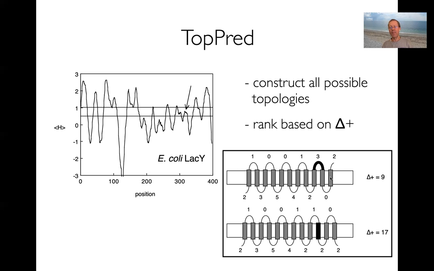So here there are 11 helices, and this peak here is predicted to be part of a loop. And here there are 12 transmembrane helices, so now this peak is predicted to be a transmembrane helix, right? And now the problem is reduced to choosing between these two models. Which would I put my money on?